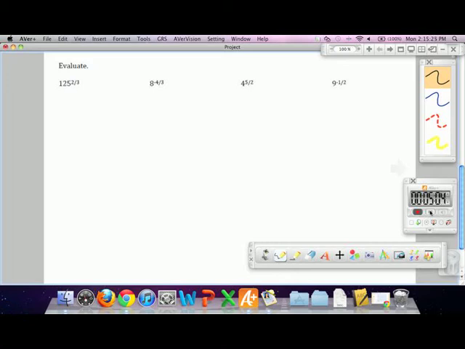So let's rewrite this as 125 to the 1/3 power. And then what do I need to multiply 1/3 by to get to 2/3? 2.